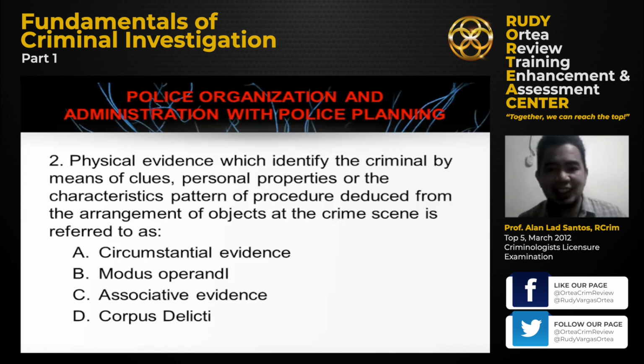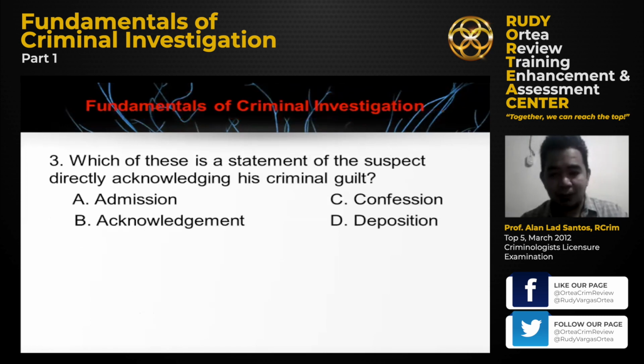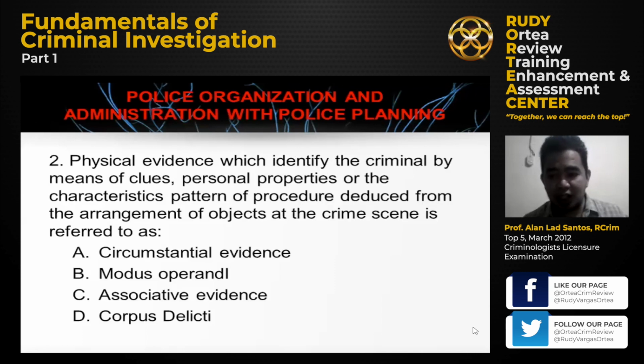Okay, anybody? So, the pinakamalayo ditong sagot is corpus delicti. Kasi when you say about corpus delicti, guys, it is the body of the crime.